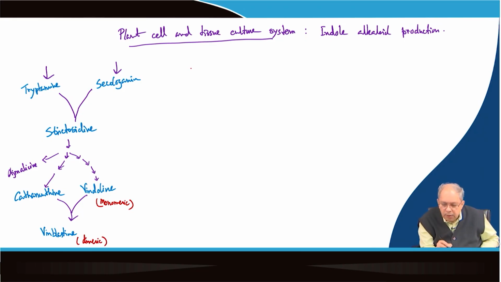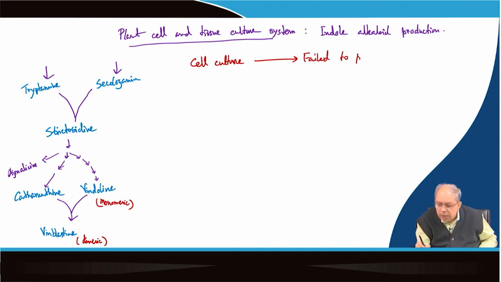So, then cell culture failed to produce vindolin or even catharanthine.